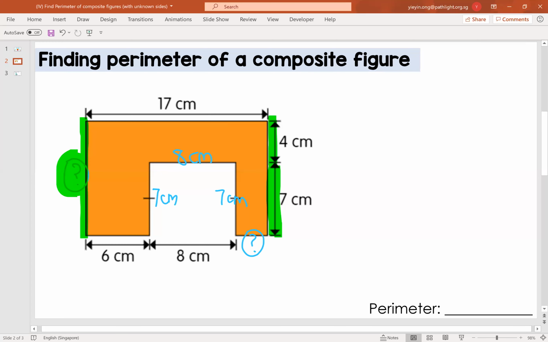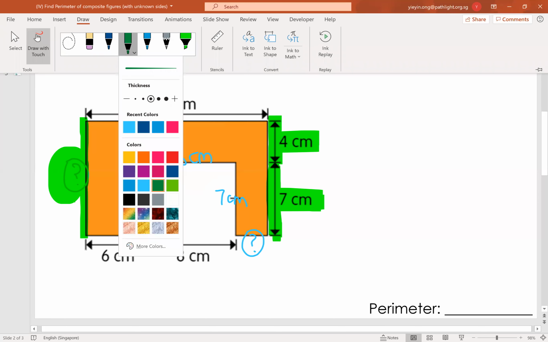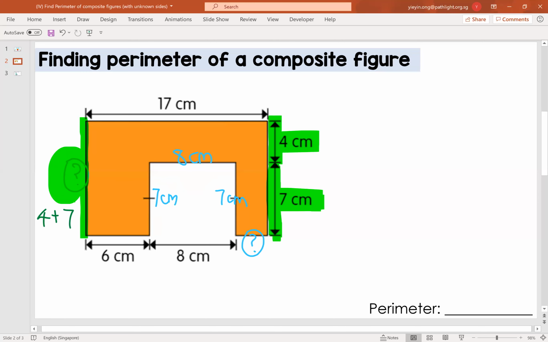It is made up of these 2 parts. So to find the question mark, I just have to take 4 plus 7 and that will give me 11. So this question mark is 11 centimeter.